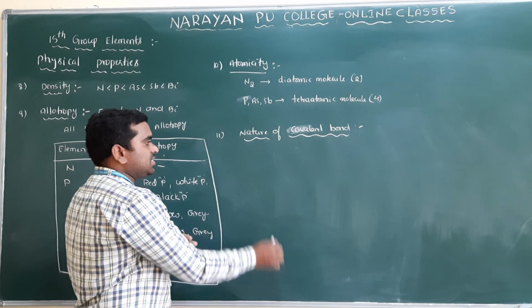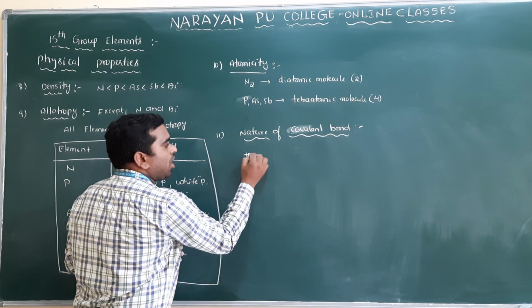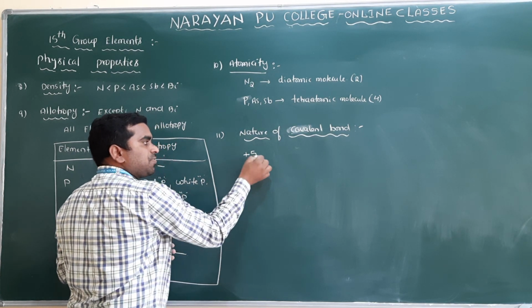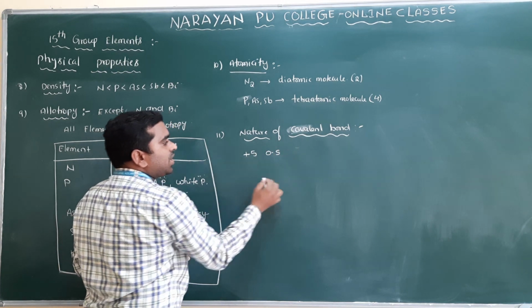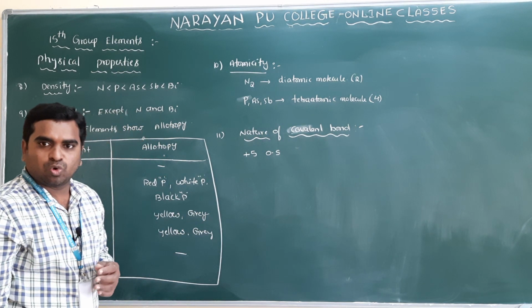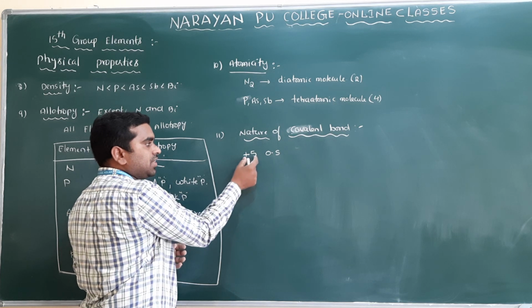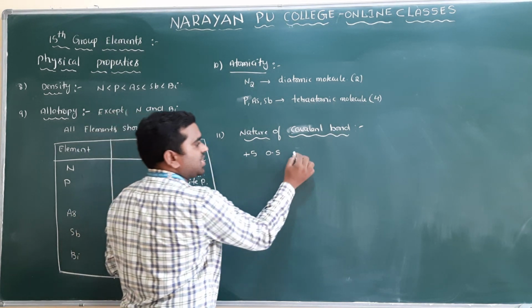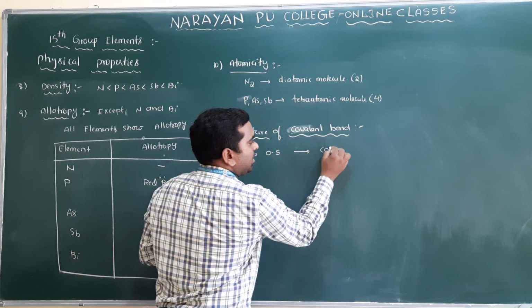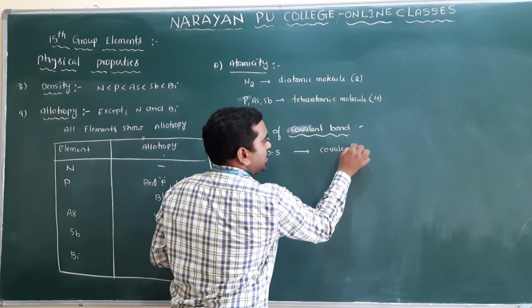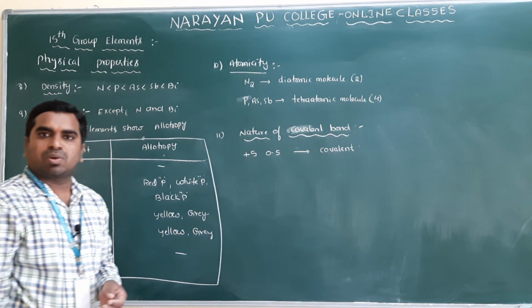So compounds of +5 oxidation state: if the 15th group elements are in the +5 oxidation state, those are covalent.